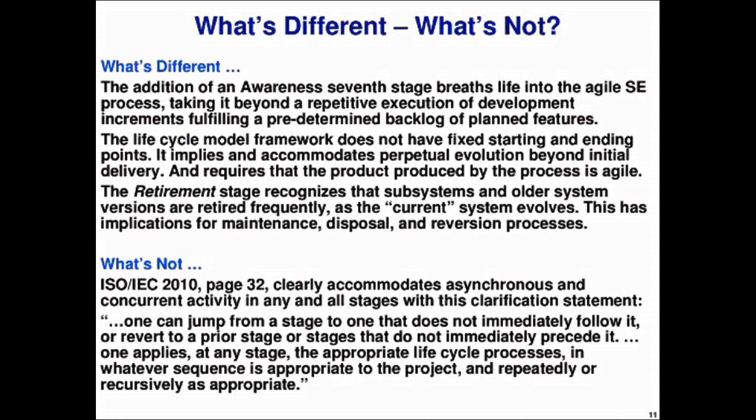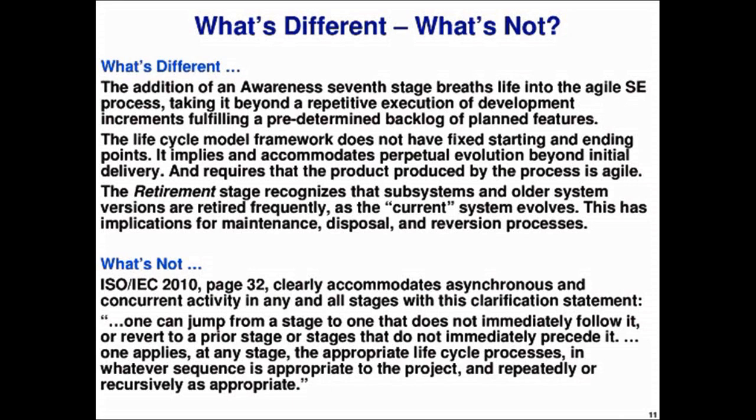And so pieces of that product are being retired constantly, or I should say frequently, as the current system evolves. This has implications for maintenance, disposal, and reversion processes weren't thought about in the 15288 retirement processes.